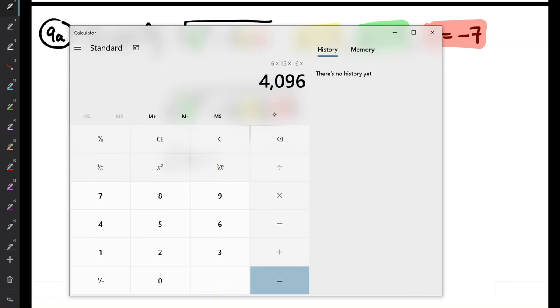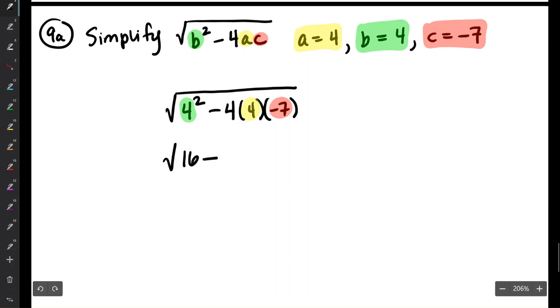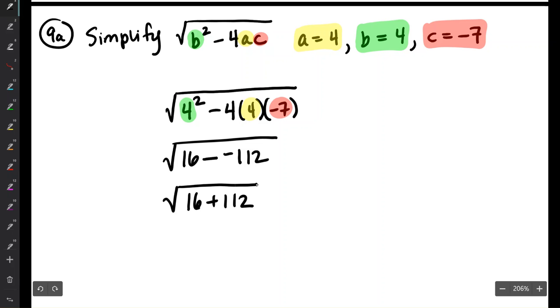How come I can't, there, I cleared it out. 16 times 7, and this calculator is weird where I have to hit the negative sign after. That was the mistake I was making. It's minus 112. So we have minus 112. Minus a minus is plus. We have 16 plus 112, which is 128.